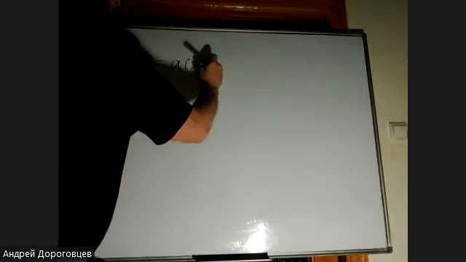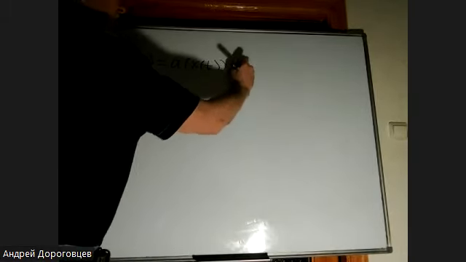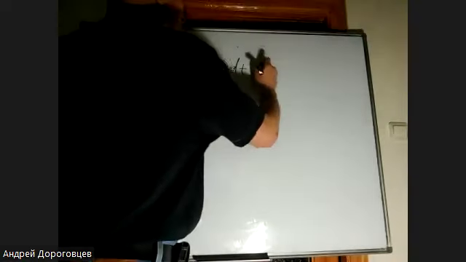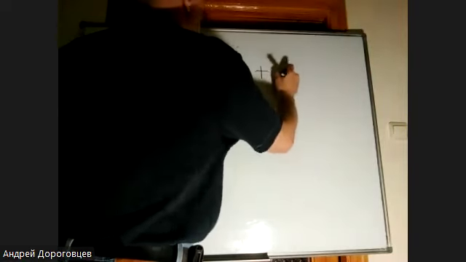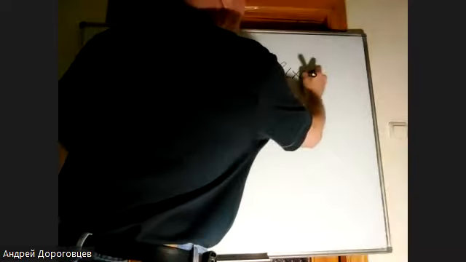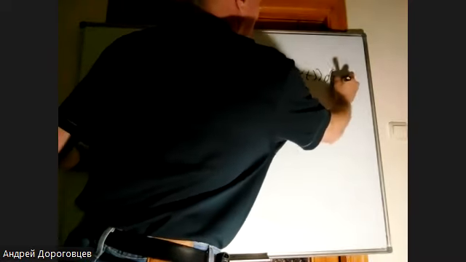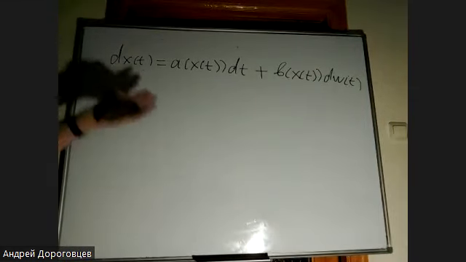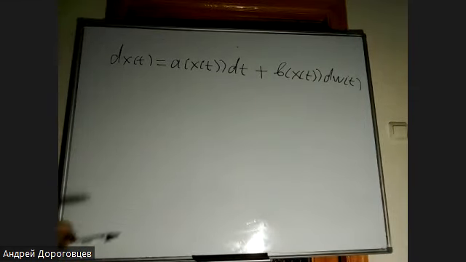Namely, one can consider an equation like this: dx_t is equal to a(x_t) dt plus b(x_t) dW_t, and there exists a rich theory of such equations. So you can ask why we need something else.